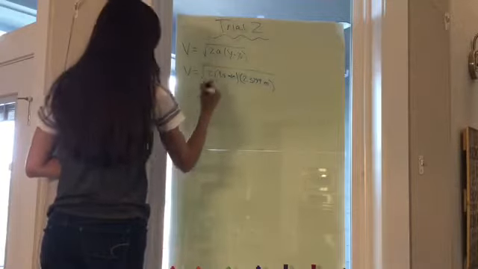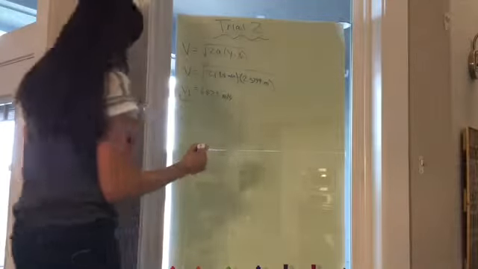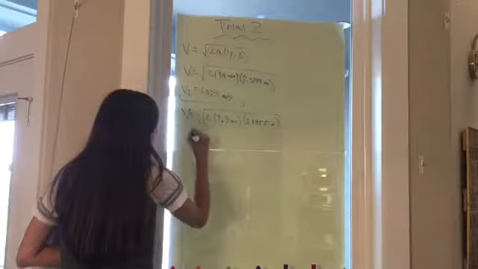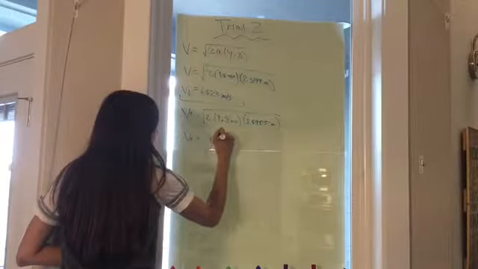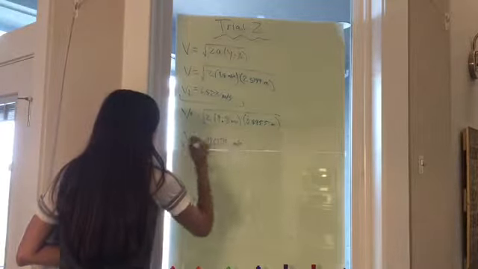We found his downward velocity to be 6.823 meters per second and his upward velocity to be negative 4.071 meters per second.